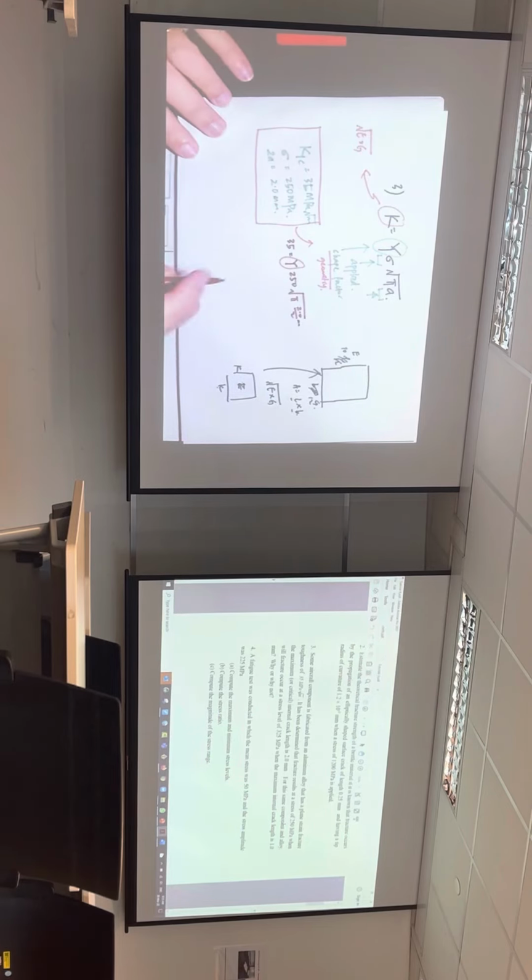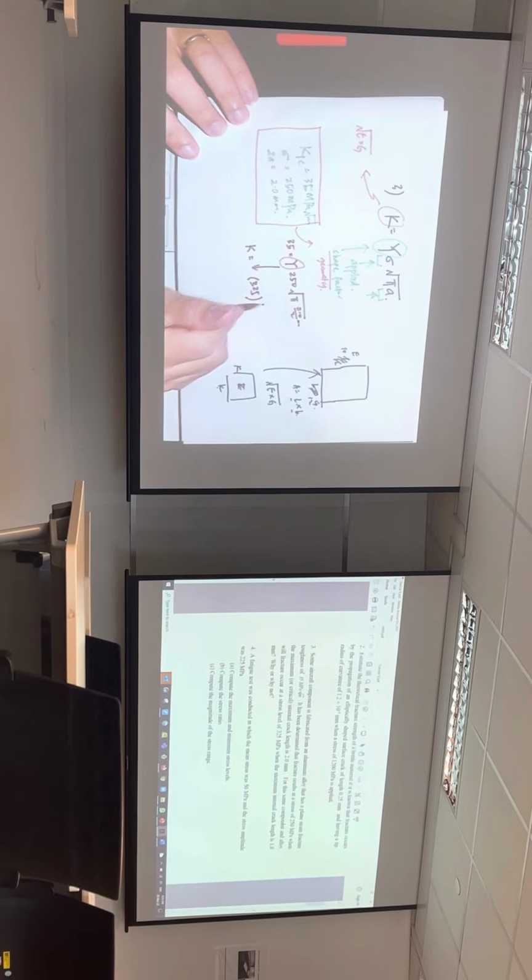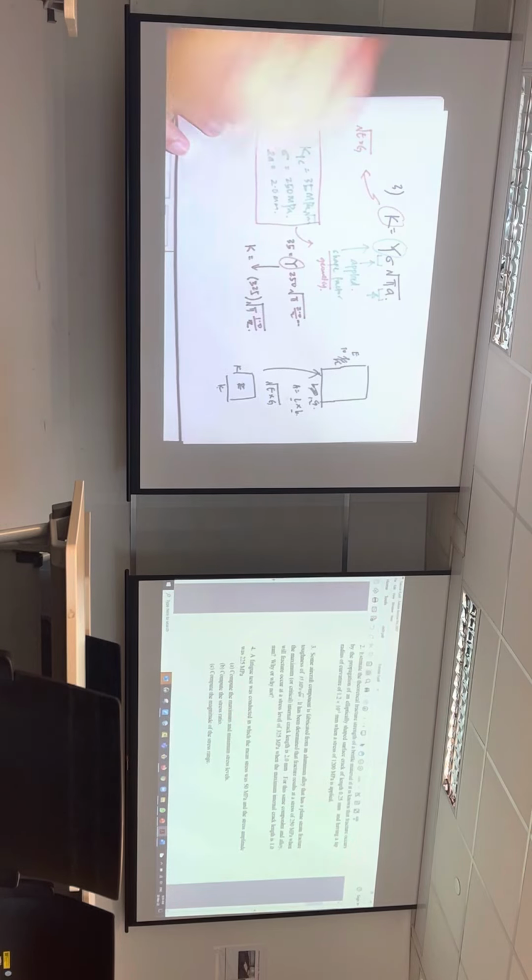So what you need to do is find the K value now. Given the Y, you apply it here, with 350, and then root pi and 1.0 over 2.